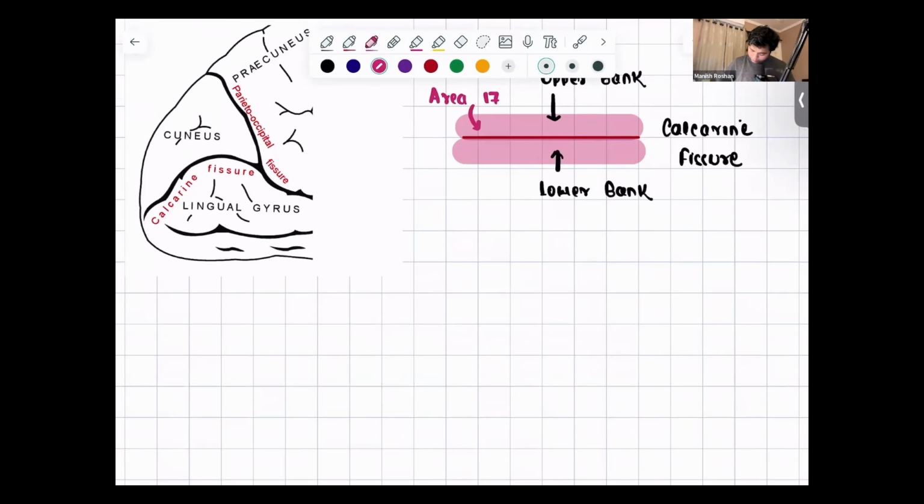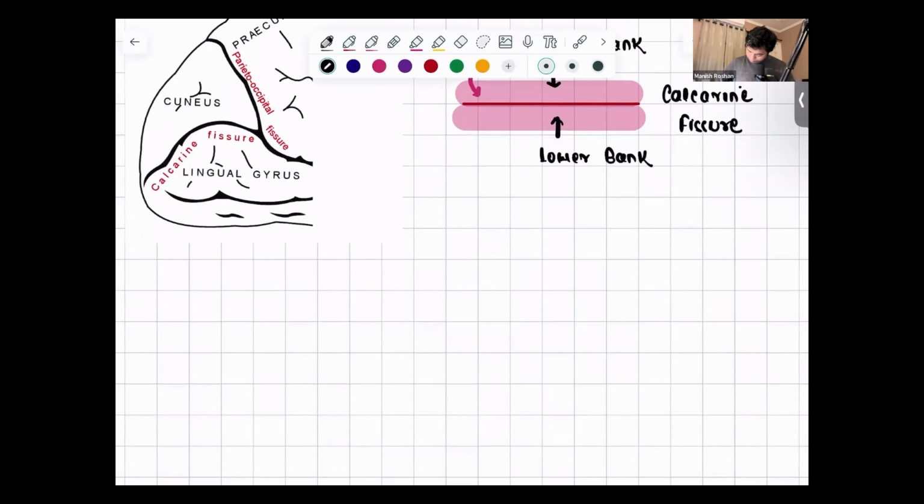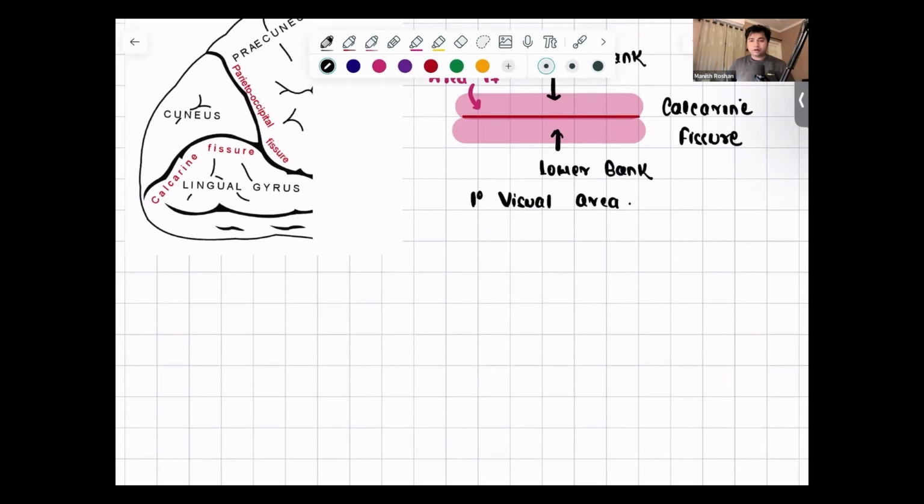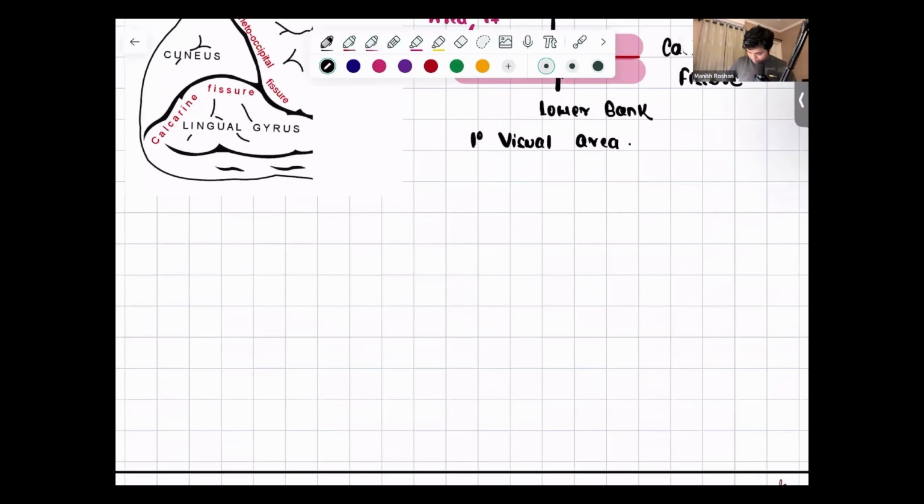Area 17 is the primary visual area. Okay, now remember this visual cortex is also called the striate cortex.